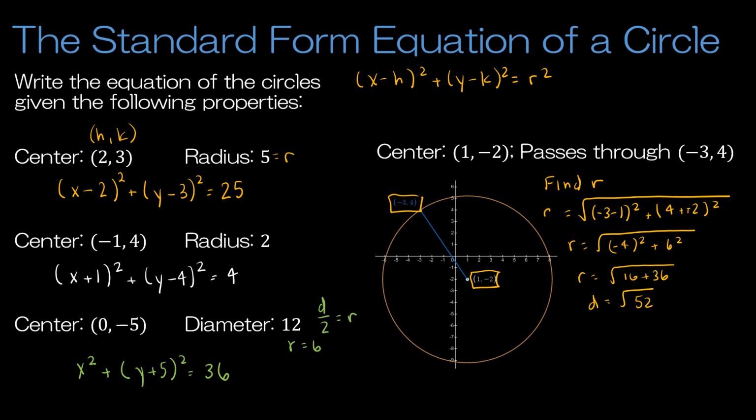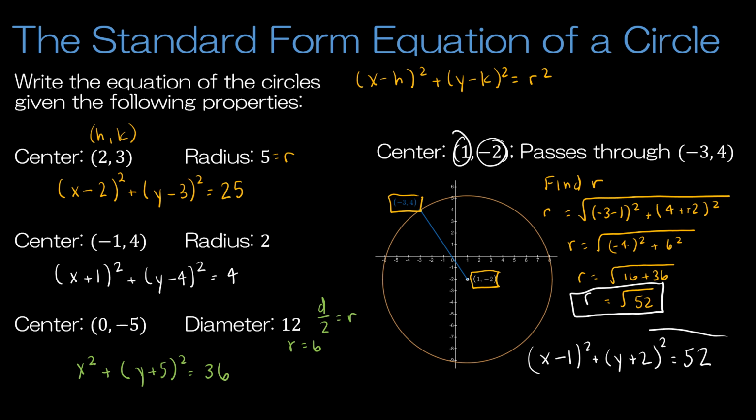Again, do I need to worry about doing any reduction there? No, because I'm trying to find the standard equation of the circle, which is x minus 1, because that's the center, quantity squared, plus y plus 2, because it was minus -2, quantity squared, equals, this is the radius, sorry I used d, this is the radius, and I'm going to square it. So radical 52 squared, which is actually just 52.